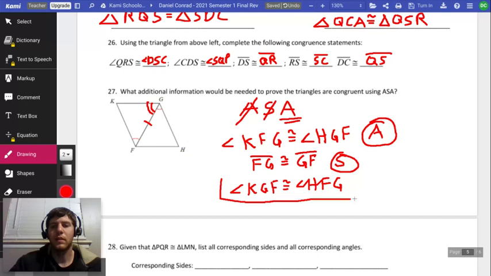Okay, and that gives us our second pair of angles. So then we have angle, side, angle.